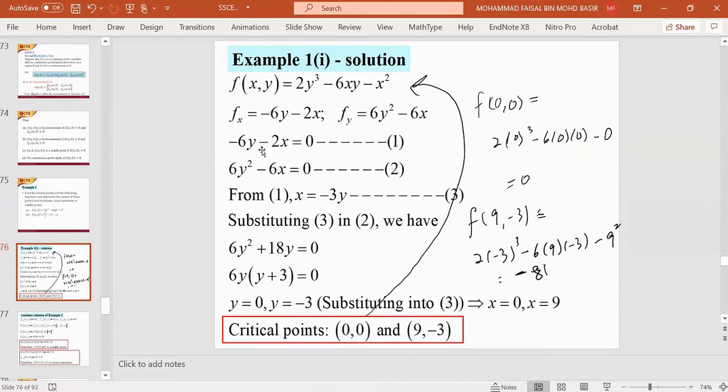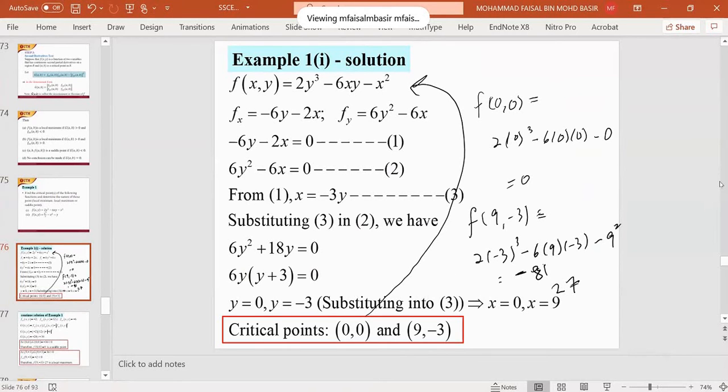Sophie? Okay, thank you, Sophie. Others? If I put (9, -3) here, what would it be? 27. Okay. Others? Which is correct? See, a lot are saying 27.